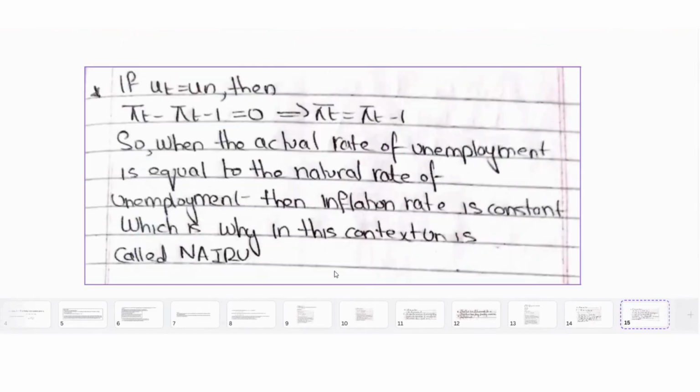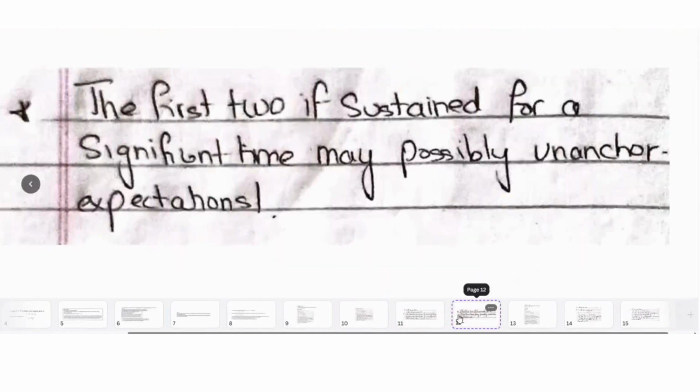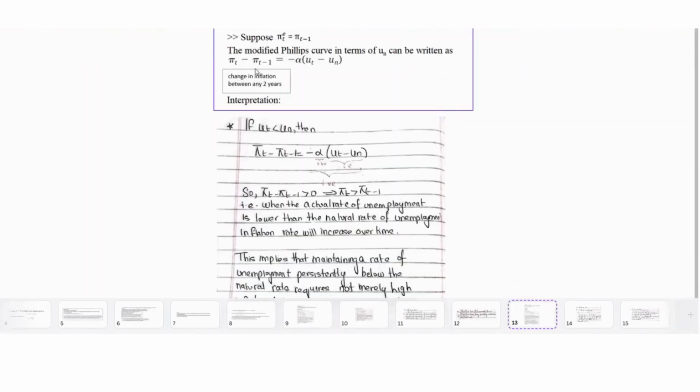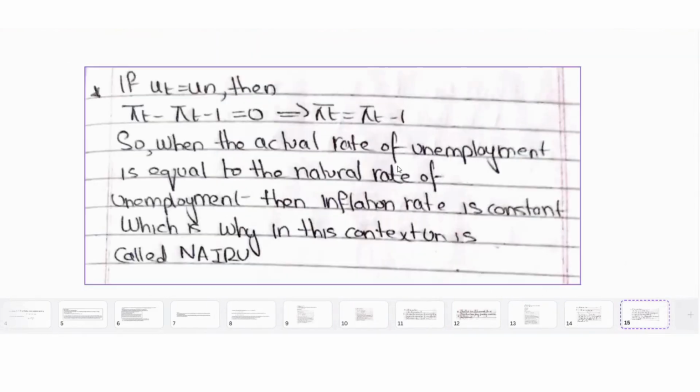If ut is equal to un, then pi t minus pi t minus 1 is 0, because if you go back to this, if ut is equal to un, then pi t minus pi t minus 1 is equal to 0. So pi t is equal to pi t minus 1. So when the actual rate of unemployment is equal to the natural rate of unemployment, the inflation rate is constant, because inflation in year t is equal to inflation in year t minus 1.